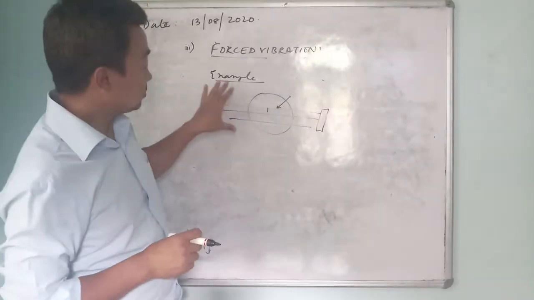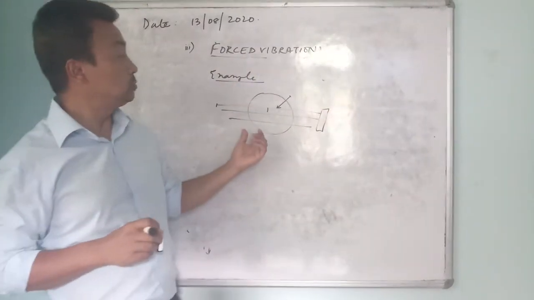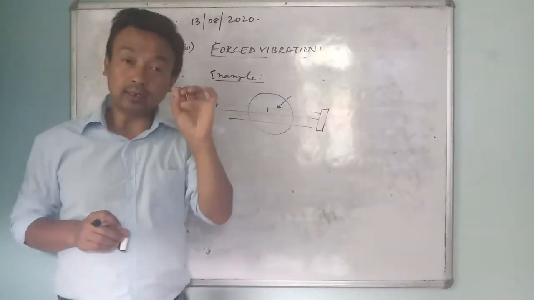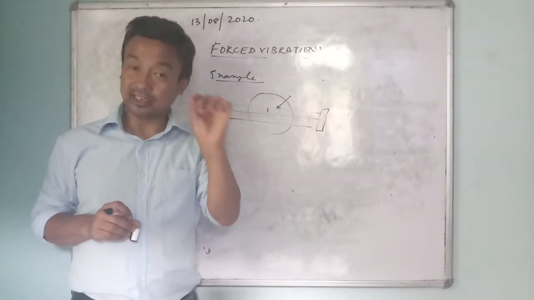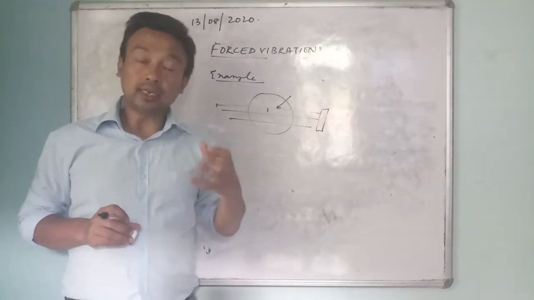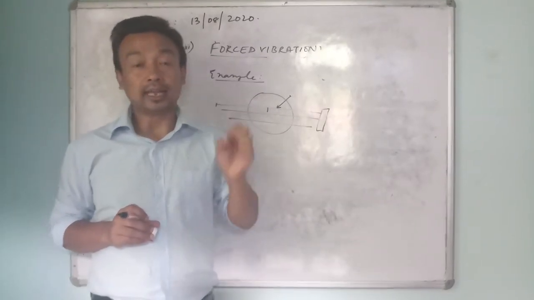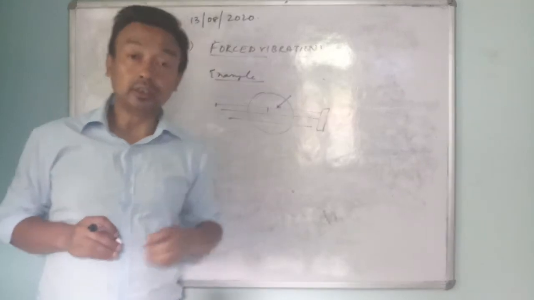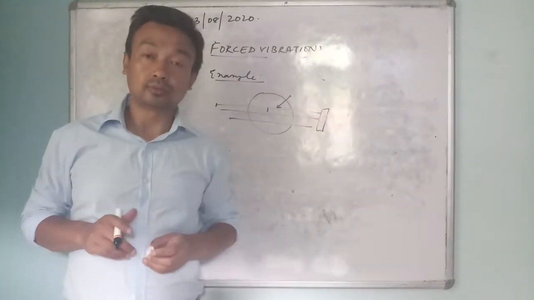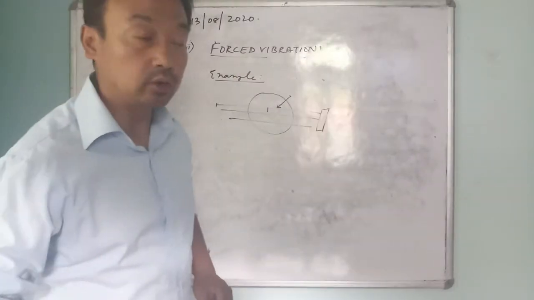Okay, so this is one example. You also have many other examples in the textbook. Please refer to that. So in forced vibration, only one extra term is added, that is the external periodic force. Due to that force, the body goes on vibrating under the influence of its frequency.